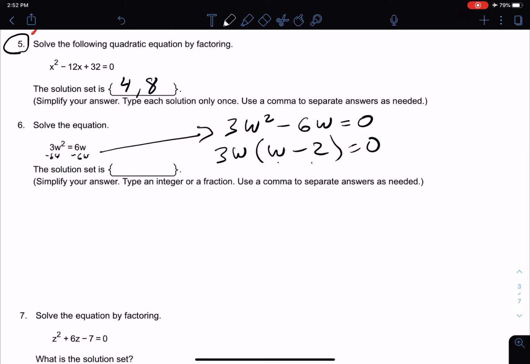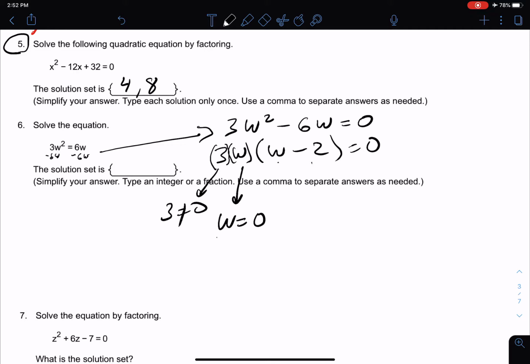Actually, we got 3 factors if we want to count 3. 3 is a factor times w times the quantity w minus 2. So now it doesn't make sense to set a 3 equal to 0 because 3 can never equal 0, right? So you're not going to take a constant and set that equal to 0. But whenever you have a variable like w as a factor, you set that factor equal to 0.